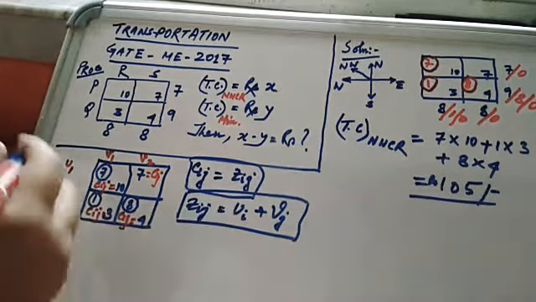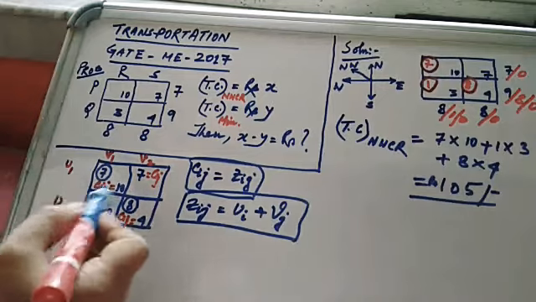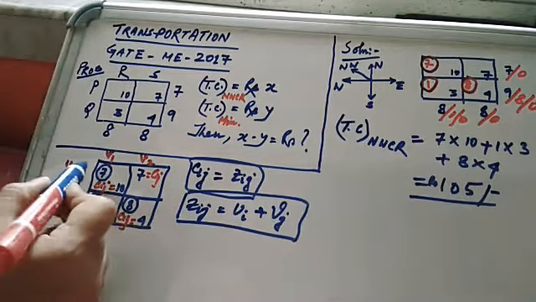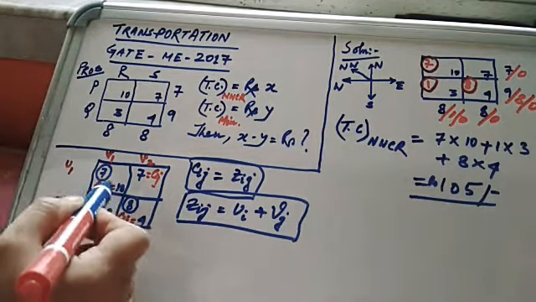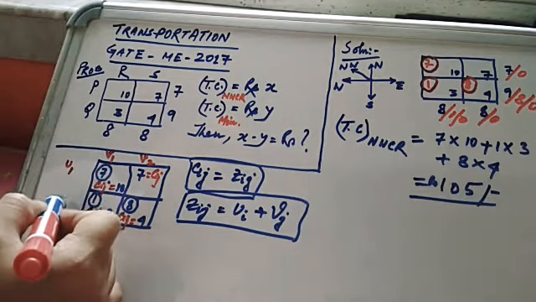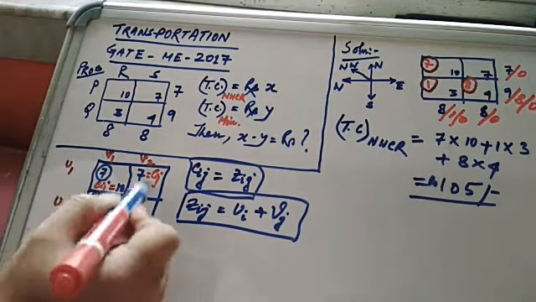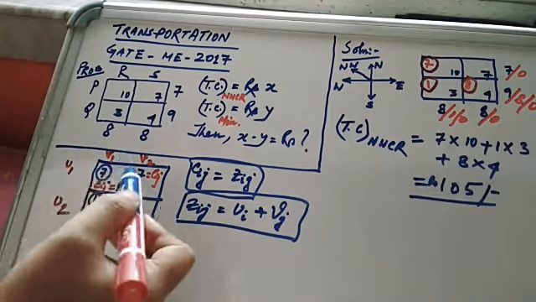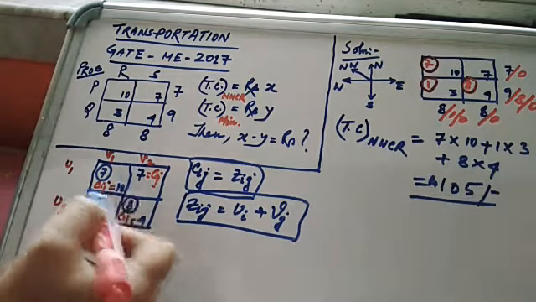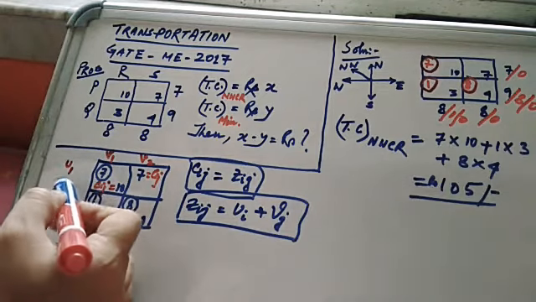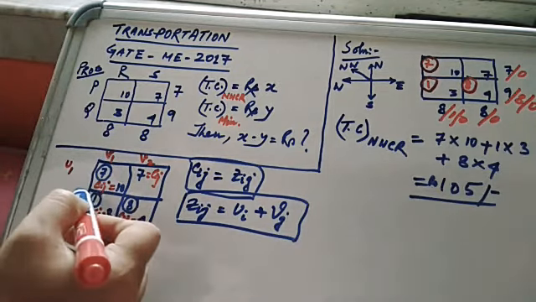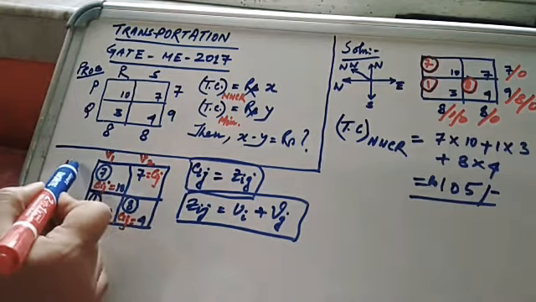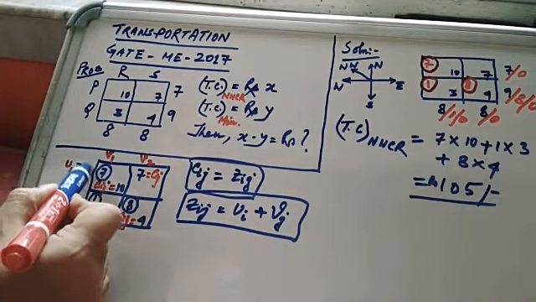So let us calculate. You know, for calculating U1, U2, V1 and V2 values, we have three equations: U1 plus V1, U2 plus V1, U2 plus V2. But for this cell, we have no equation. So we have earlier seen that we are getting only three equations, but we have four unknown variables. So you have to put one variable as 0. Let us put U1 as 0.